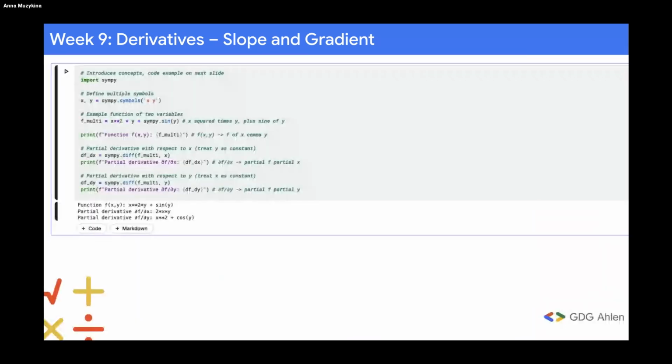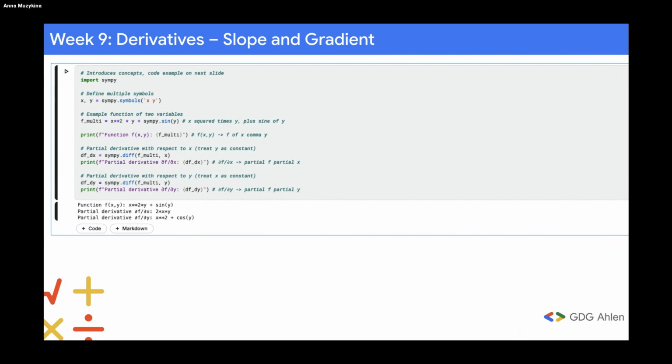Let's take a look at the next example. Sympy handles this easily. We define multiple symbols, x, y equals sympy.symbols('x y'). We define a function f_multi involving both x and y, like x squared times y plus sine of y, using sympy.sin.